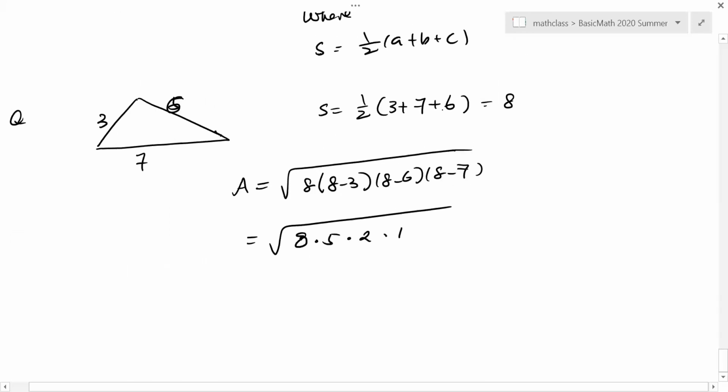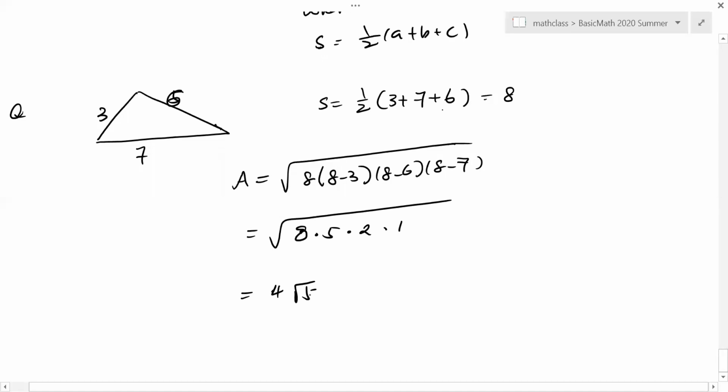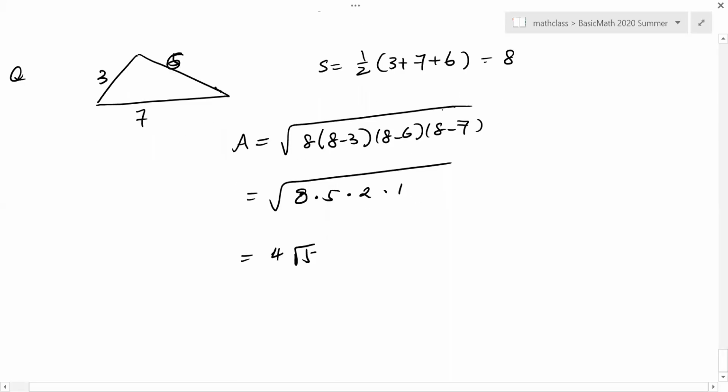We can take 16 out, since 8 times 2 is 16, so it's 4 square root of 5. This is the area, a radical number. If the 3 sides are integers, the area of the triangle may be a radical number. This is a very useful formula.